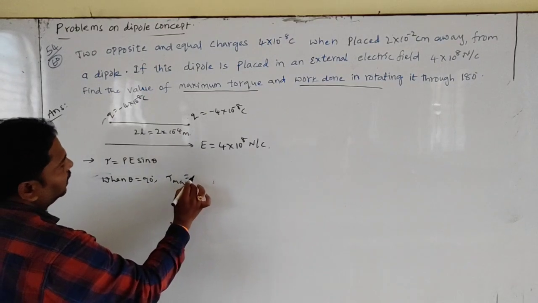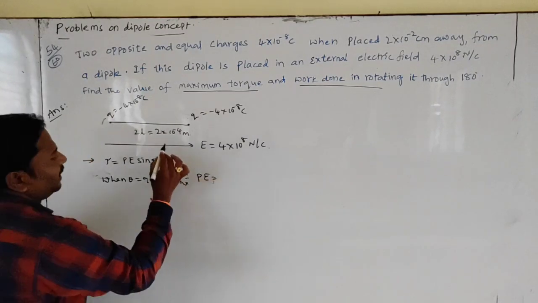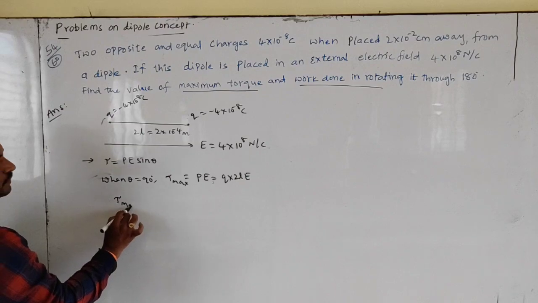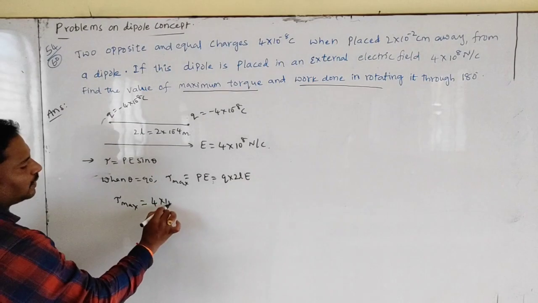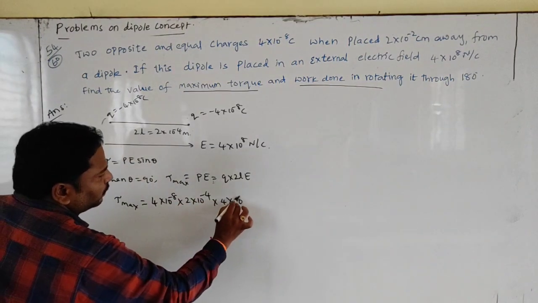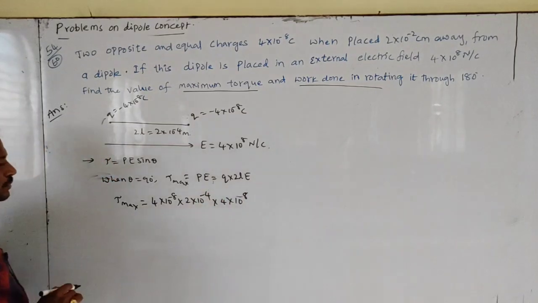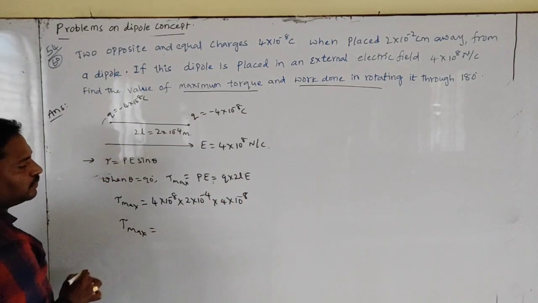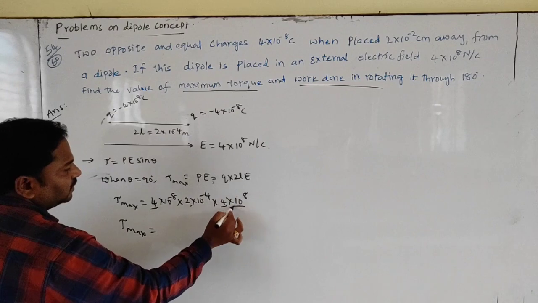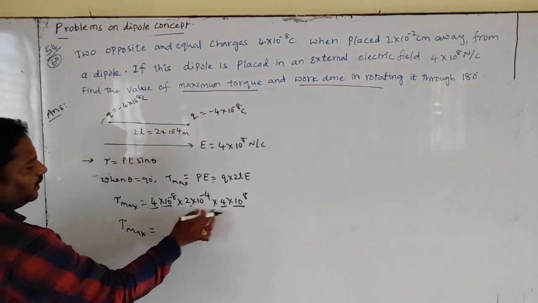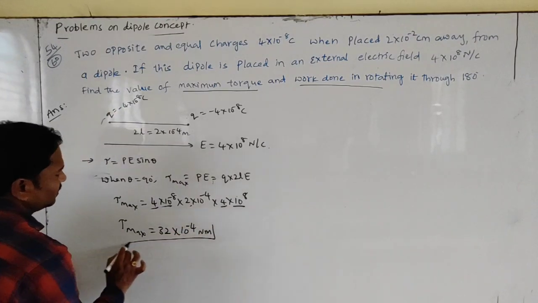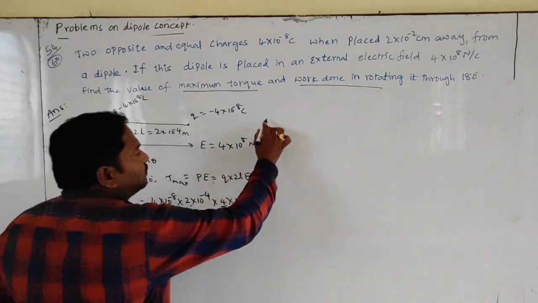P means Q into 2L into E. Now tau maximum: Q is 4 into 10 power minus 8, 2L is 2 into 10 power minus 4, E is 4 into 10 power plus 8. So tau maximum equals 4 into 4, 16 into 2, and 10 power plus 8 and 10 power minus 8 cancel, so 16 into 2 means 32 into 10 power minus 4 Newton meters. This is the torque.